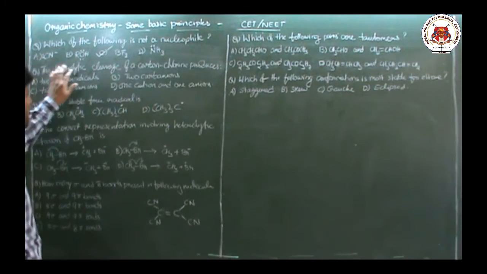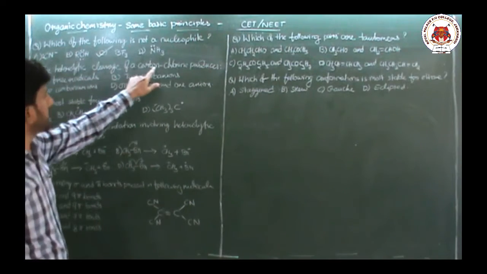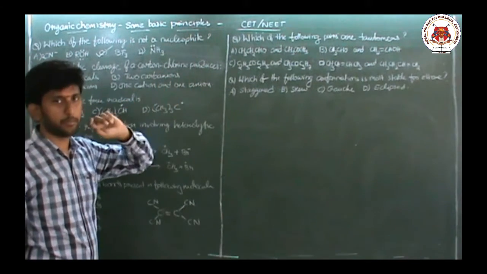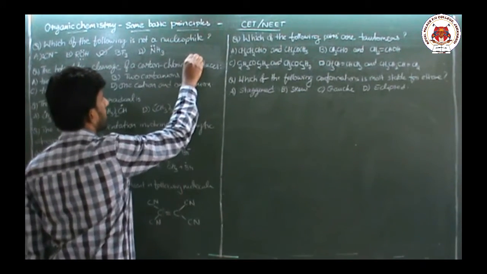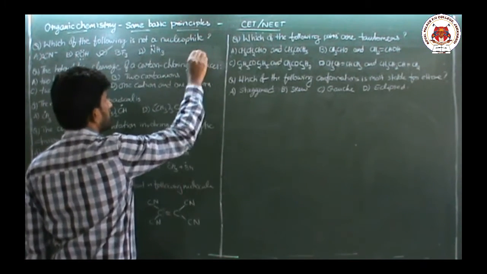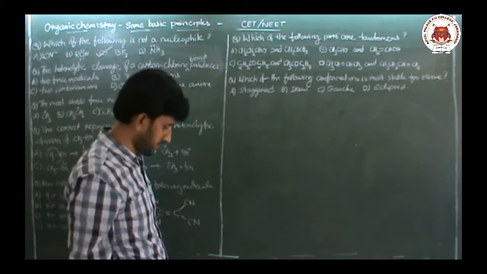Next, the heterolytic cleavage of a carbon-chlorine bond produces. Now, cleavage means breaking.